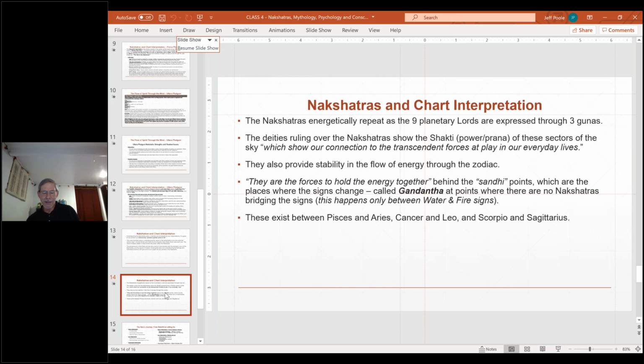So it's just interesting, and he has to hide part of who he is, but he also has the Purva Phalguni.